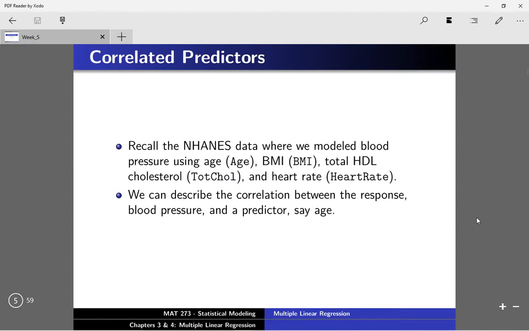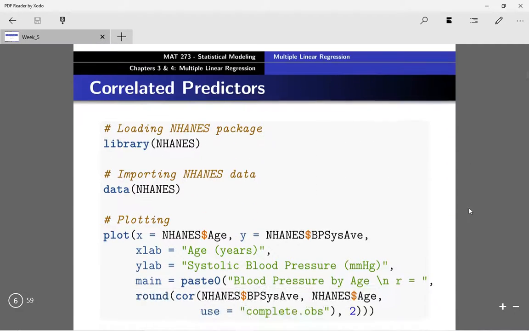So recalling back to the National Health and Nutrition Examination Survey data, NHANES data, where we modeled blood pressure of people using their age, BMI, cholesterol, and their heart rates. So this was a multiple linear regression model. And we're going to look at the correlation between, just to start, the response, blood pressure, and a predictor, say, age.